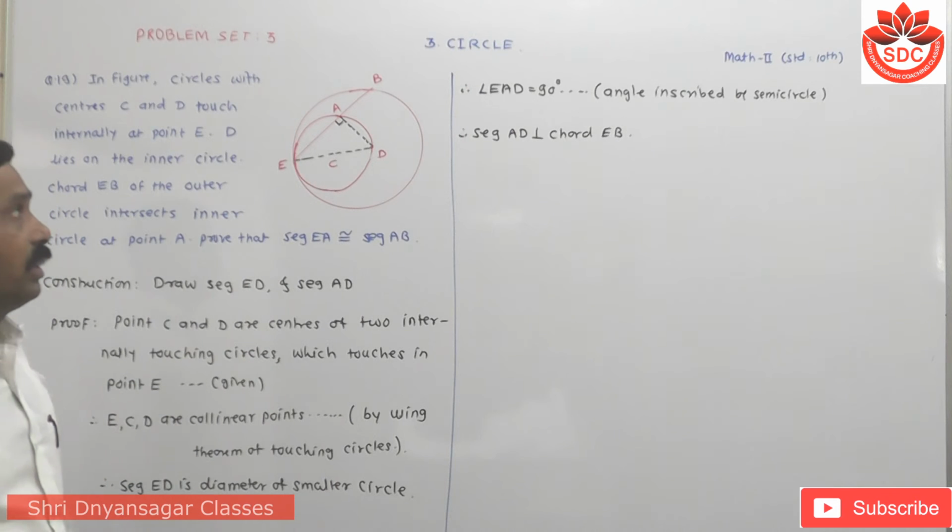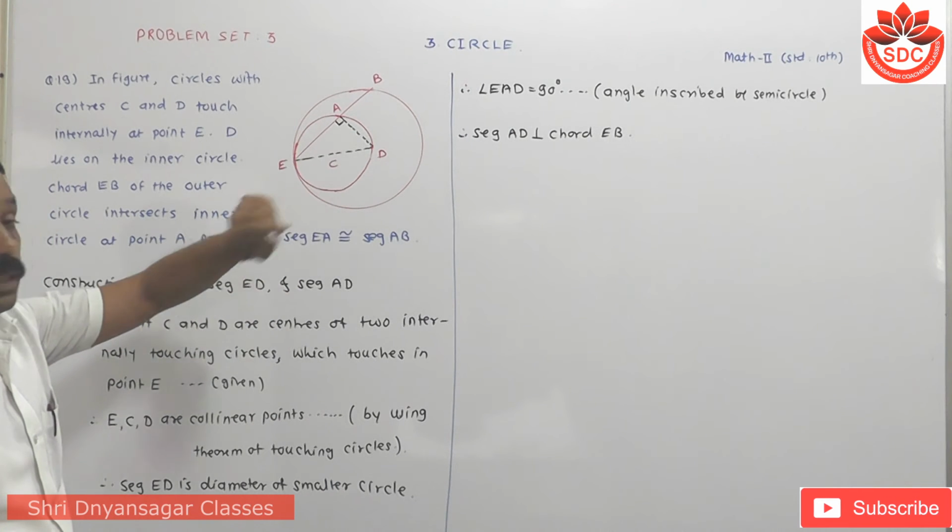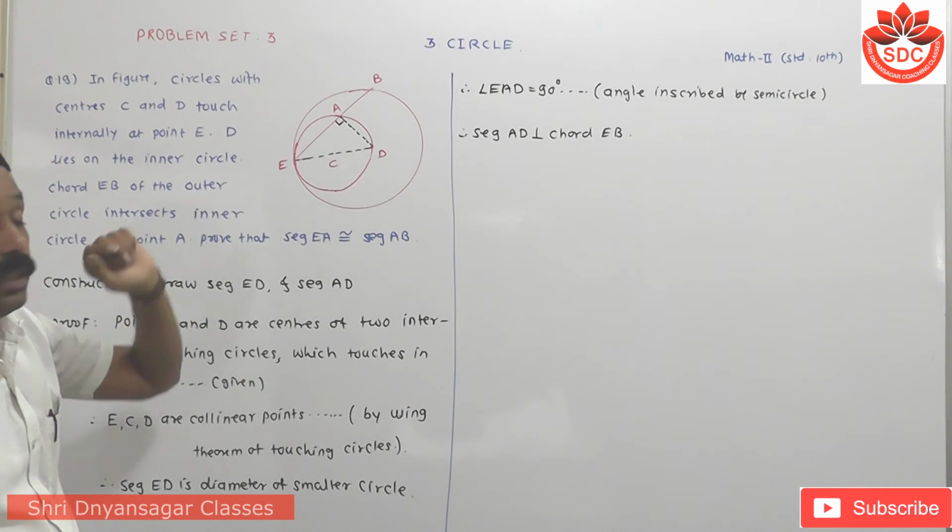If it is perpendicular on this chord, and passes through the center of the circle, it will bisect the chord.